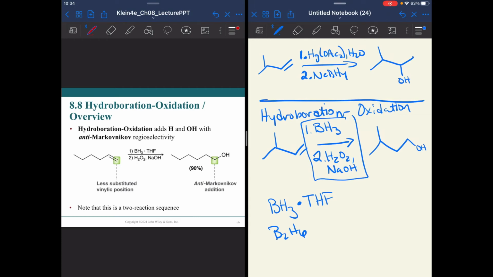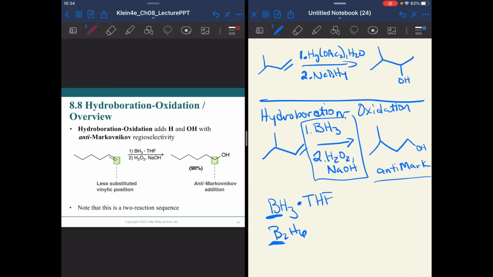But you need to recognize other boron reagents. BH3 forms dimers, and so sometimes it will be written as B2H6, but this is the only reaction that you're going to see boron in. So you need to recognize that boron, followed by peroxide and hydroxide, is going to give the anti-Markovnikov addition of water across a double bond.